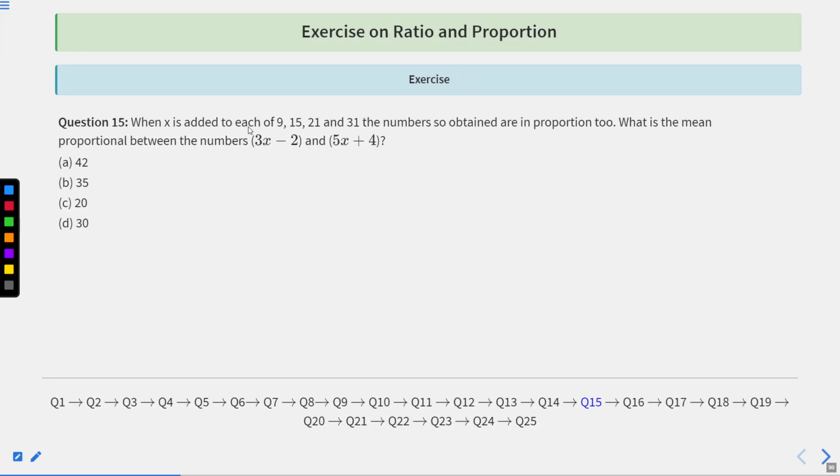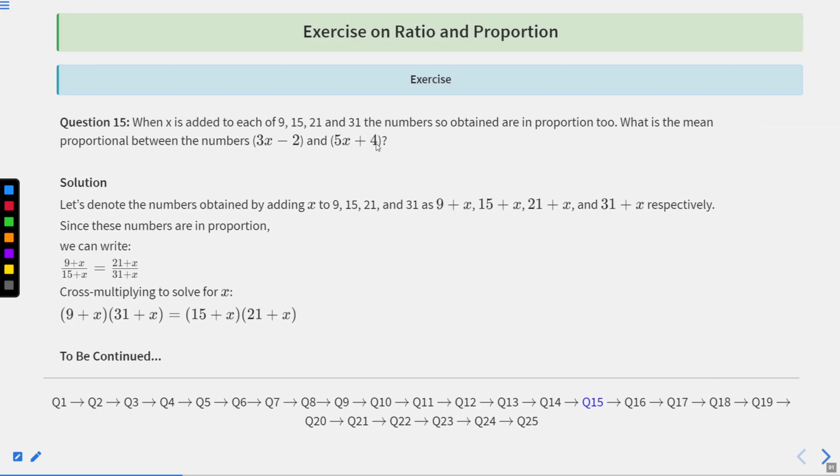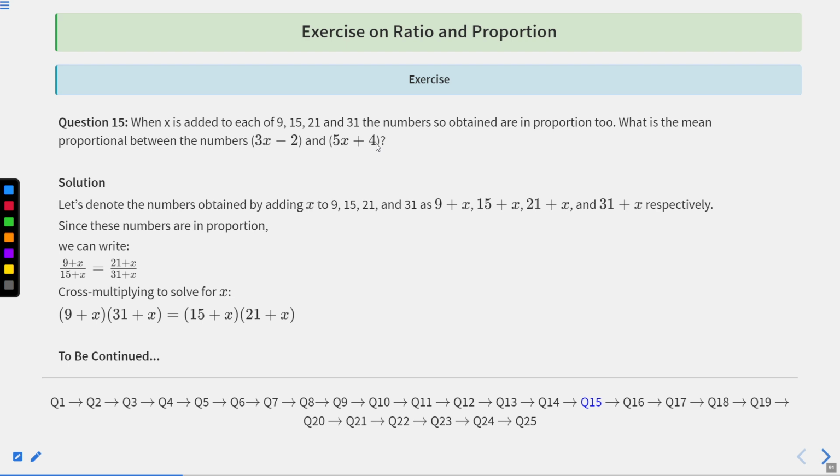When x is added to each of 9, 15, 21 and 31, the numbers so obtained are in proportion. What is the mean proportional between the numbers 3x minus 2 and 5x plus 4? Let us now have a look at the solution.